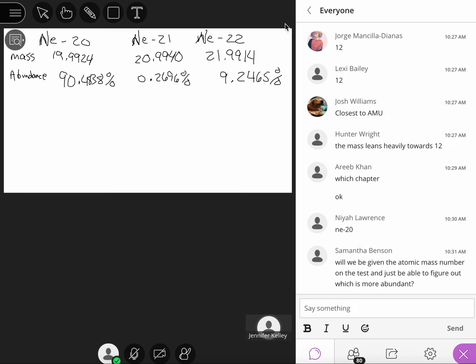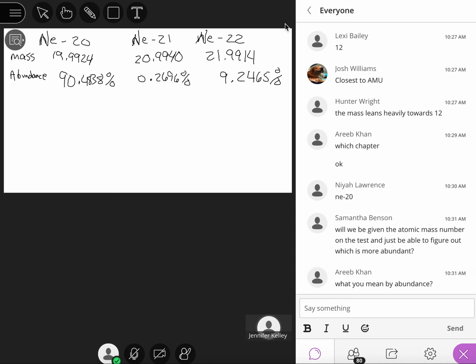There will be a couple of different ways you might be given this problem. You could be given the average atomic mass that you find on the periodic table and be told to solve for one of the percentages, or you could actually solve for 2 of the percentages because you could do a system of equations for that.